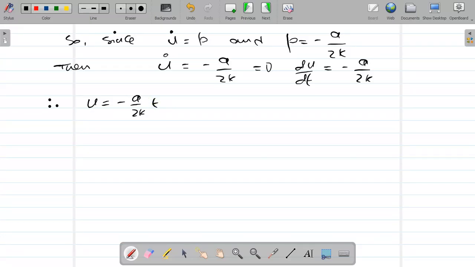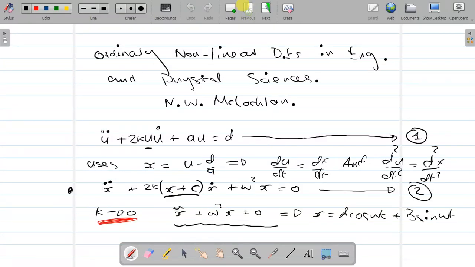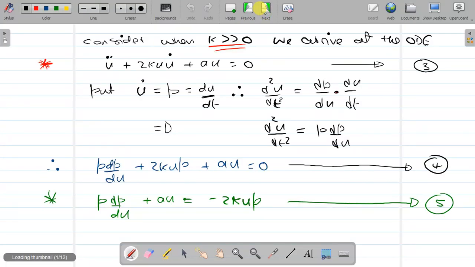Now, this is where we go back to the very first equation. U double dot plus 2ku u dot plus au. Let me just see, not that one. Next.